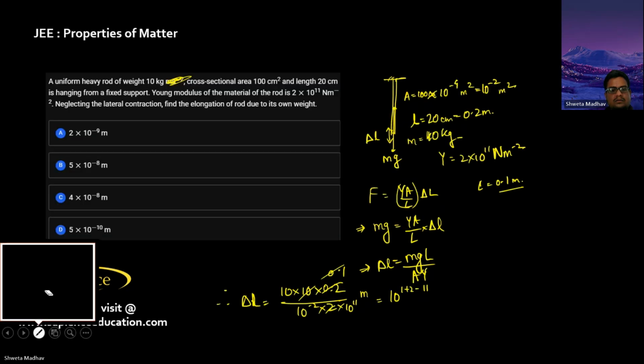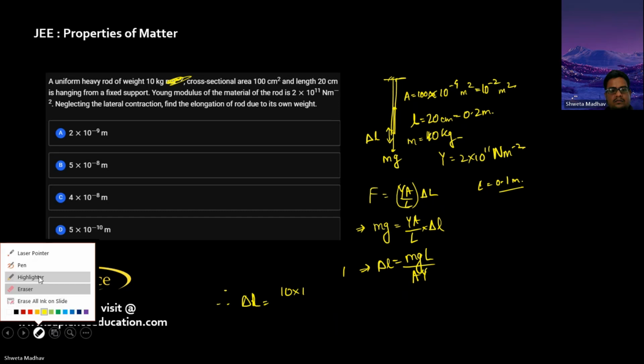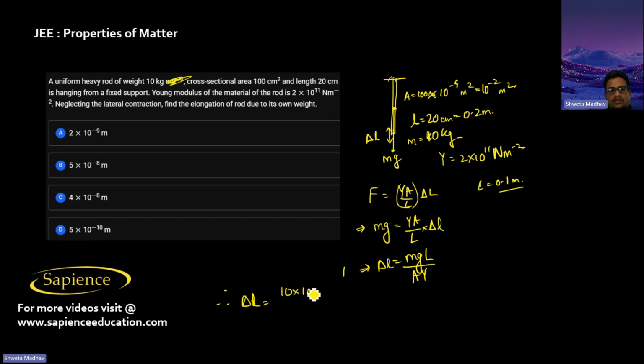So therefore, actually, that was wrong. This is mg into L, it is 0.1. Half of the length we have to take, since the weight is acting from the midpoint of the rod, since it is told that it is a uniform rod.